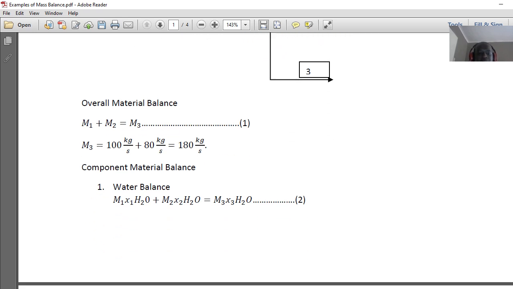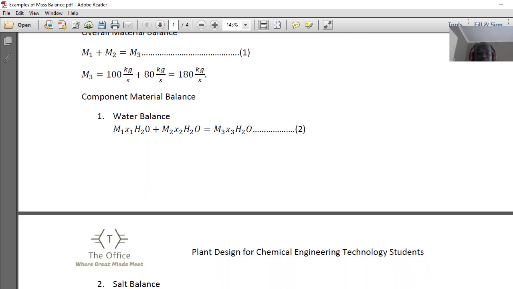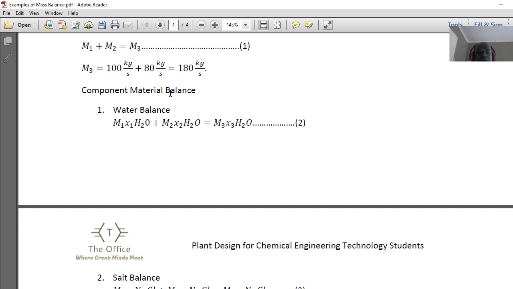Then you come down to the component mass balances. First, you start with the water material balance. Now, it is important to properly define your notations, right? For example, I said M stands for the mass, and subscript 1 means stream 1, right?